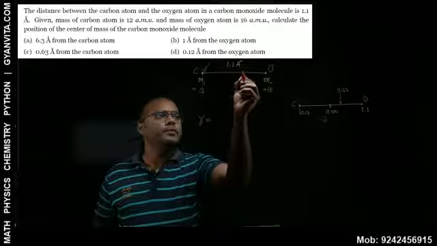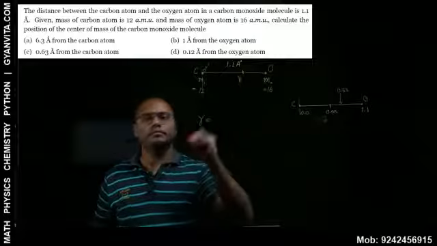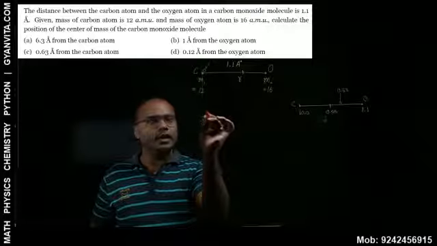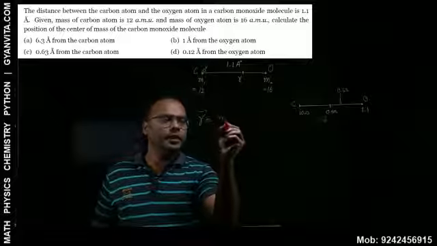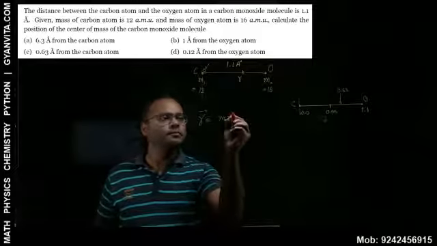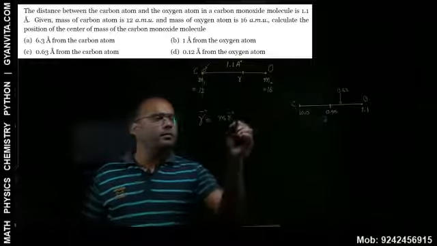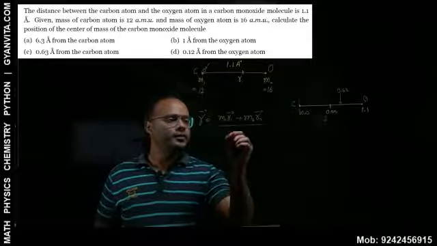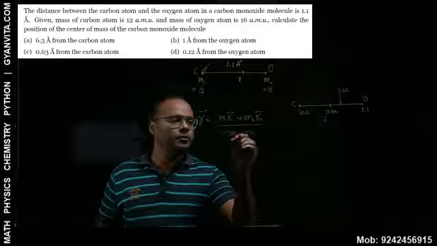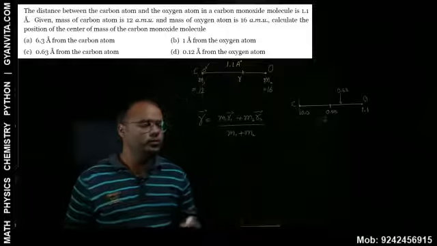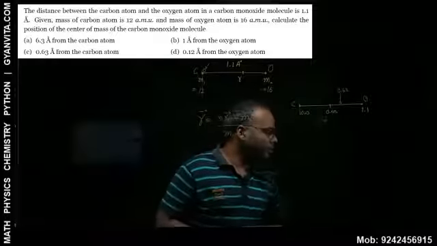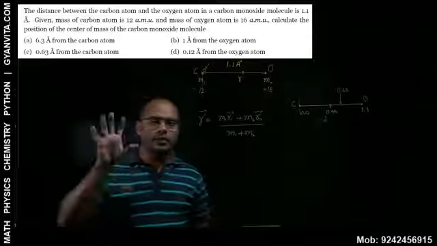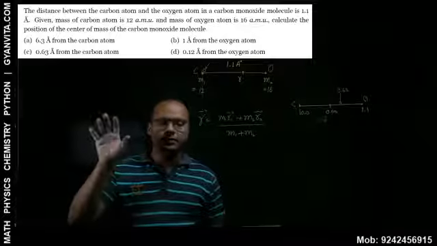That is the position vector R. So this position vector R will be given by M1 R1 plus M2 R2 divided by M1 plus M2. Those who don't know, just pay your attention here so that the problem becomes easy to understand physics by solving problems.